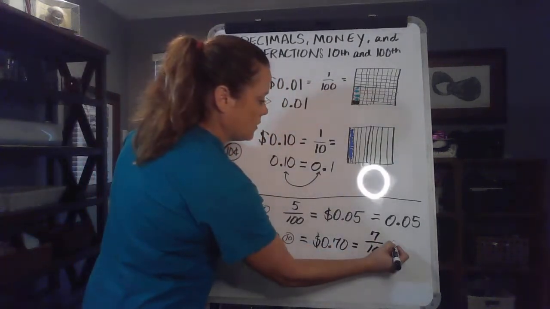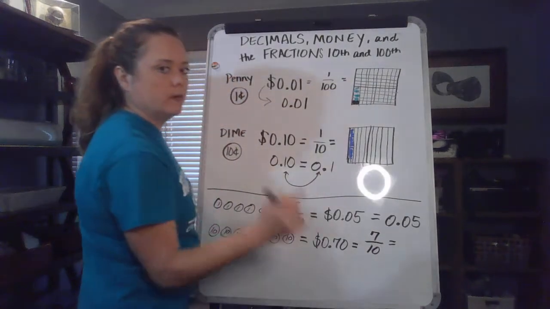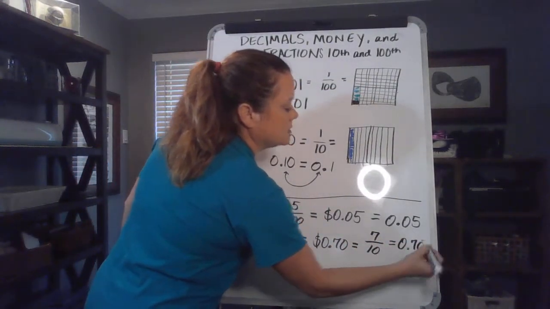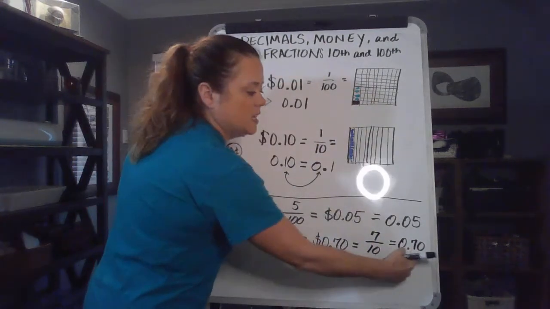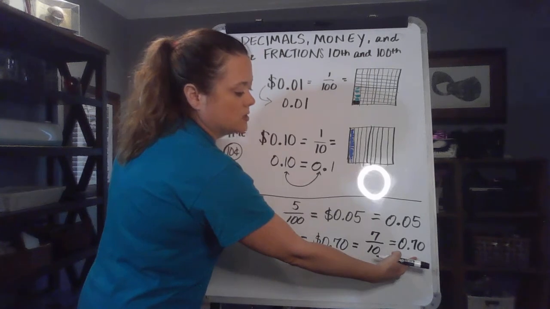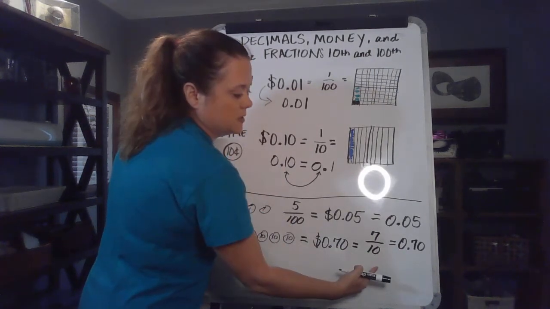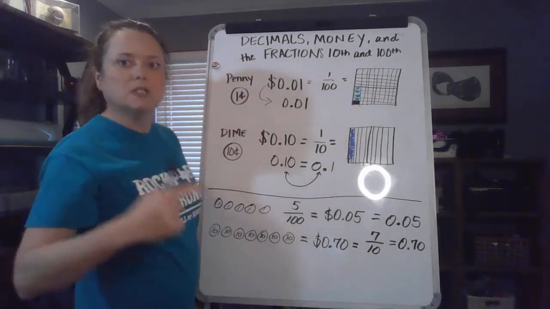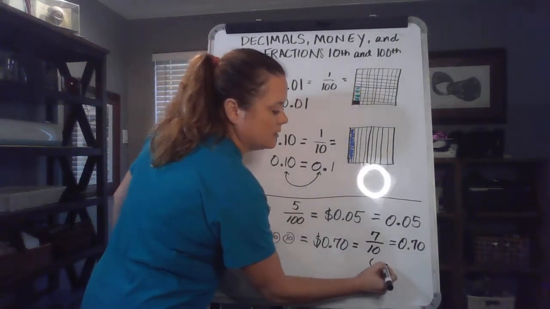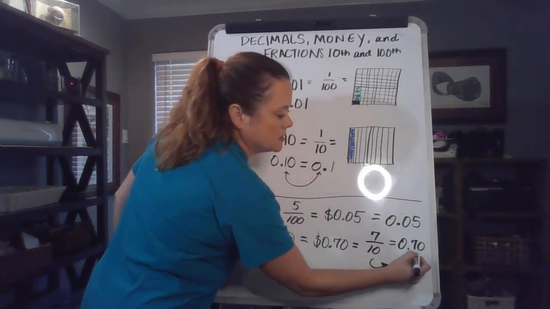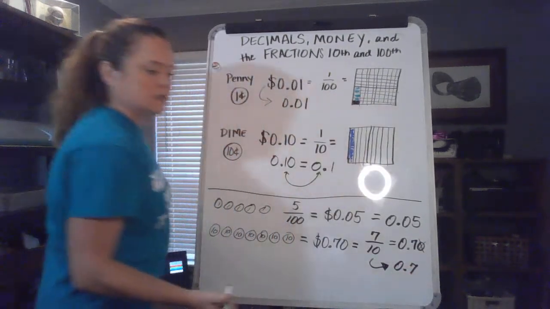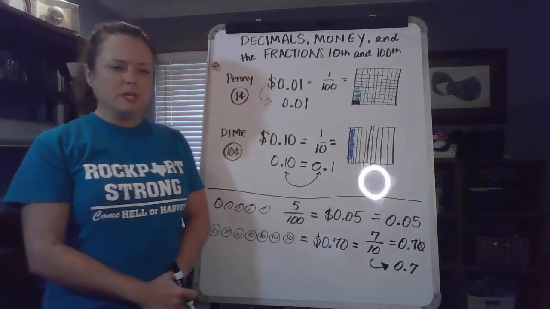As a decimal, you can write it one of 2 ways. Like this, 70 hundredths, which is the same thing as 7/10 because 7 dimes equals 70 cents. But if I'm going to write it like a tenth in the tenths place, I'm going to knock this 0 off. 7/10. Does that make sense?